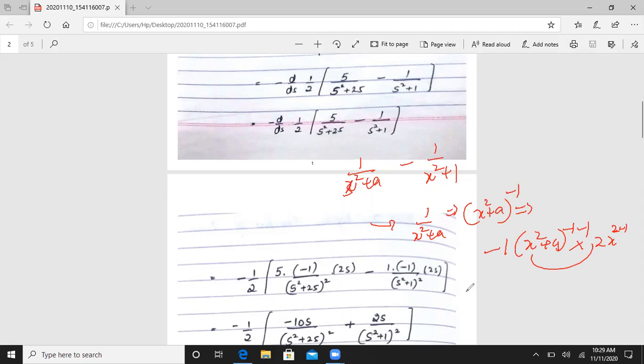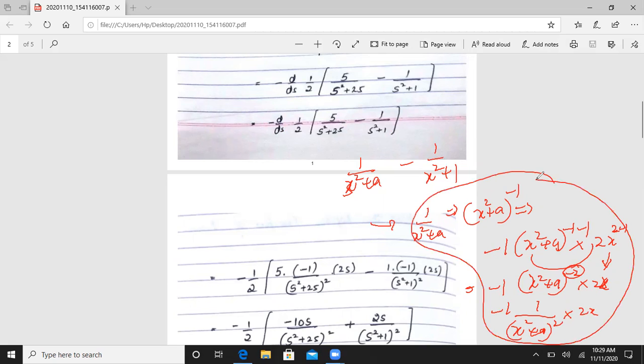So the value is minus 1 into x square plus a to the power minus 2 into 2x. This we write as minus 1 into 1 divided by x square plus a whole square into 2x, with respect to x.